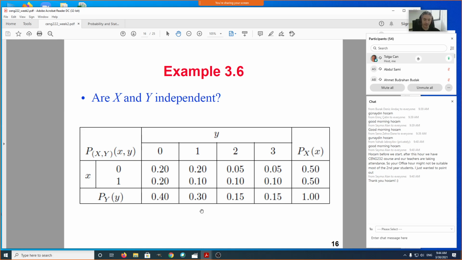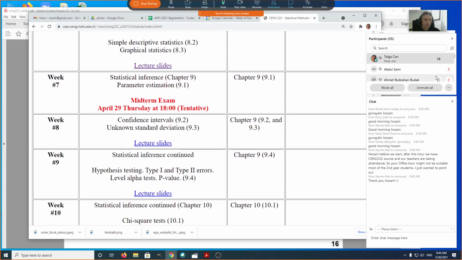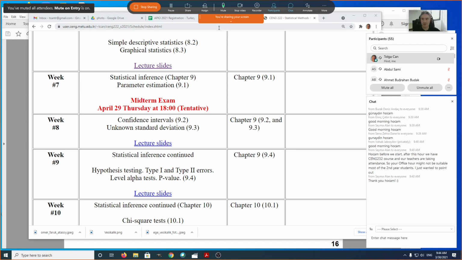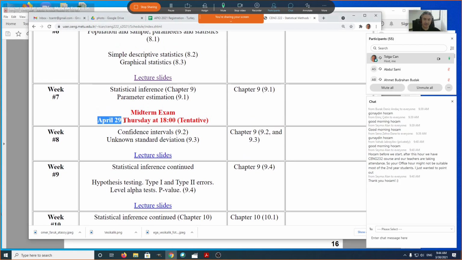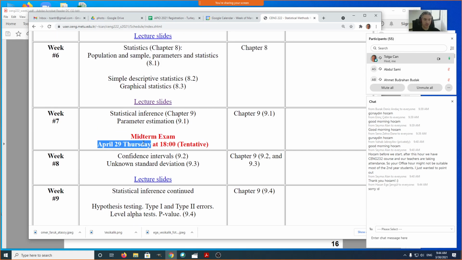This leads me to the other announcement. The midterm exam, we have tentatively submitted our request to the department to be on April 29. Let me mute you all, there's some noise in the background. So it's tentatively set at Thursday, April 29th, which is about 1 month from now, at the end of week 7. After we finish week 7, we are going to have our midterm exam in the evening.